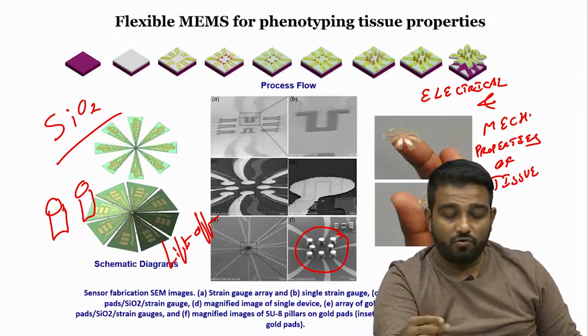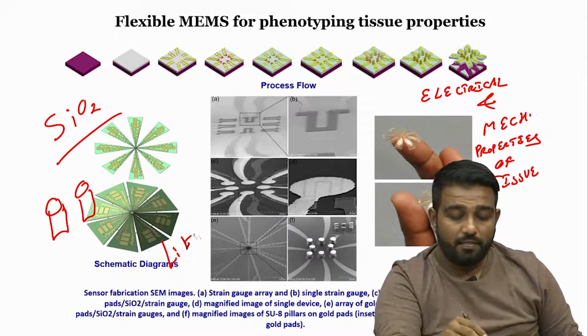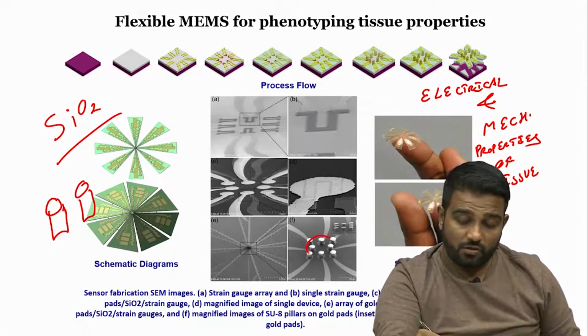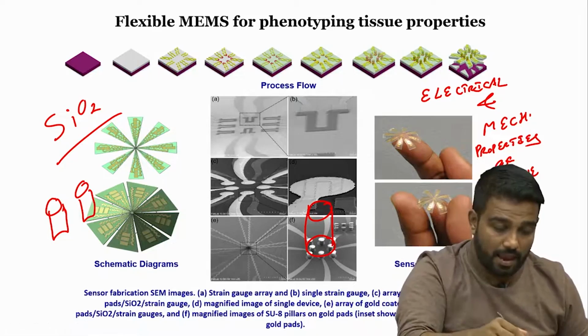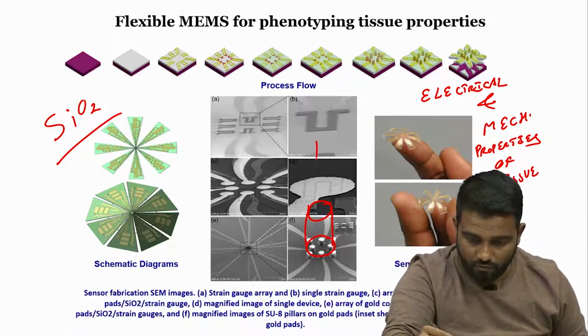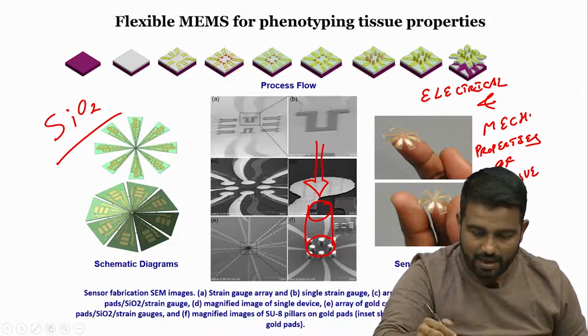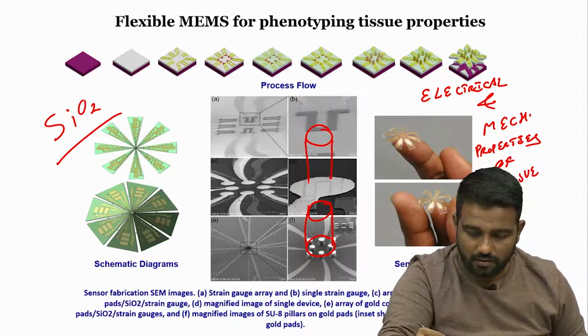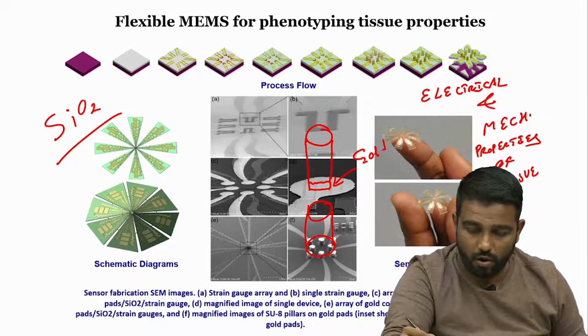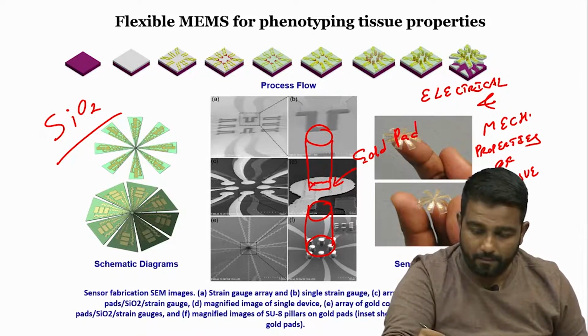Now, when I place the tissue on these pillars, like this, and if I apply a force. So, let us say I have a tool which looks like this and it has the gold pad, right.